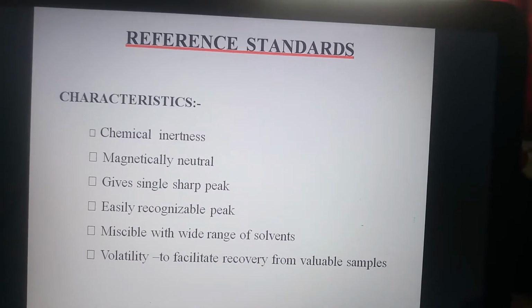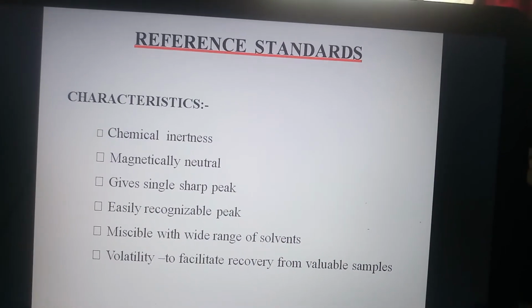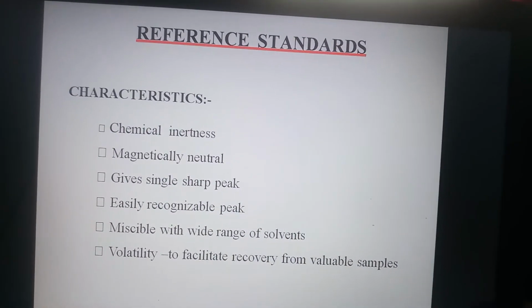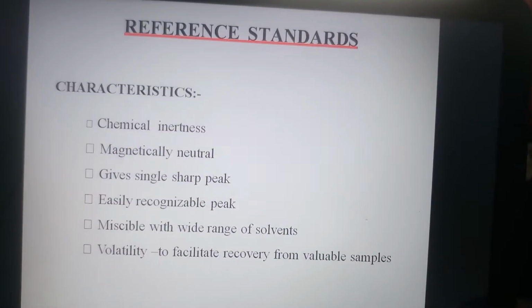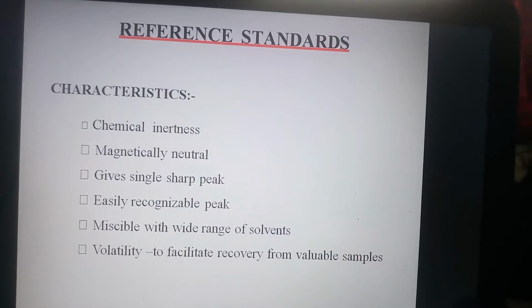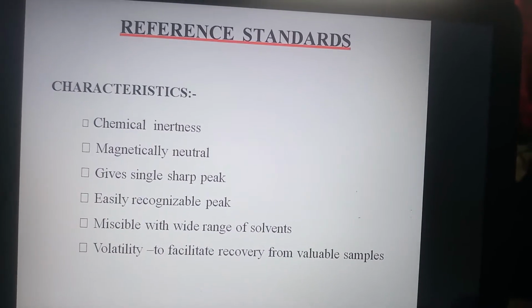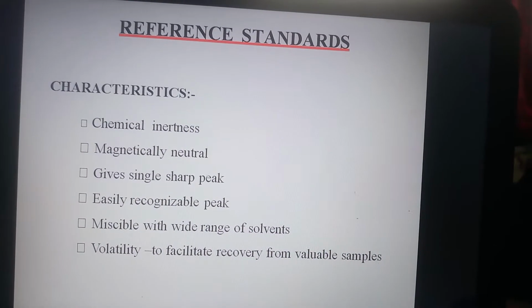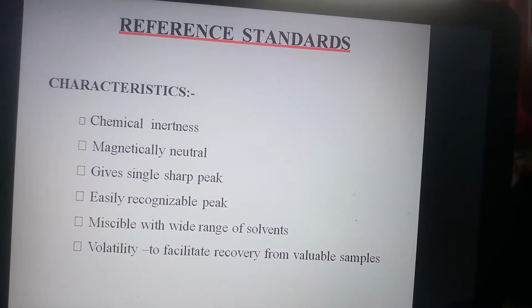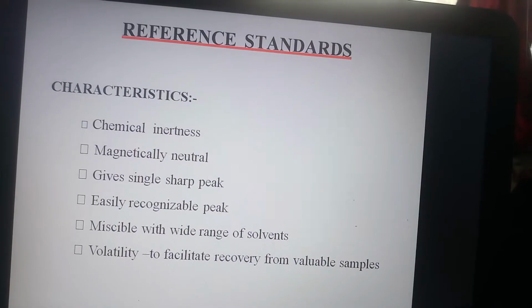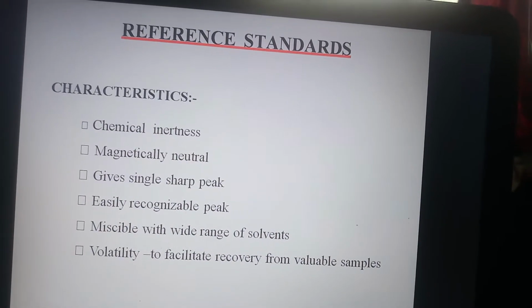Now the reference standards have some characteristics. They should be chemically inert, magnetically neutral, giving a single sharp, easily recognizable peak, miscible with a wide range of solvents, and volatile to facilitate recovery of valuable samples.